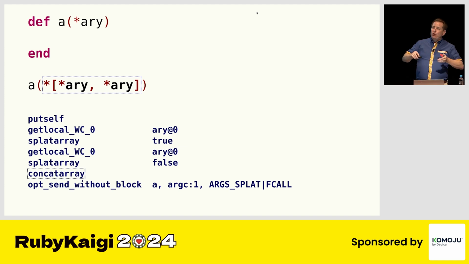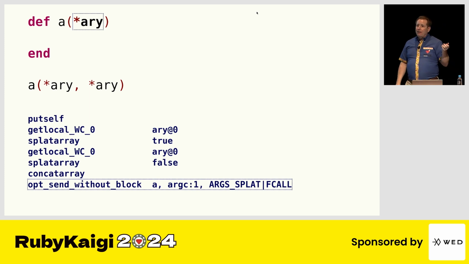Ruby combines the two positional splats into a single array. And the instruction it uses for this is concat array. If the first positional splat is already an array, concat array will make a copy of that array before concatenation. And this is the second array allocation. Now, this allocation is unnecessary because Ruby already allocated a new array in the splat array true instruction.